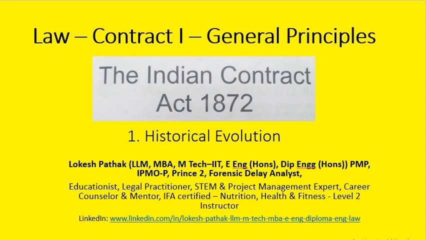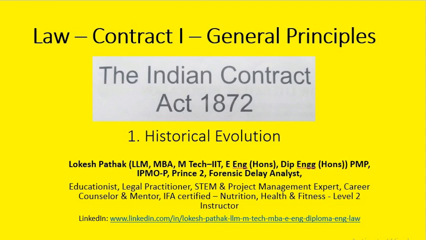Coming to the British era, which gave birth to the 1872 Act, the first contracting principle was introduced by King George I through the Charter of 1726. This contracting method was enacted in the presidencies of Madras, Bombay and Calcutta in India.